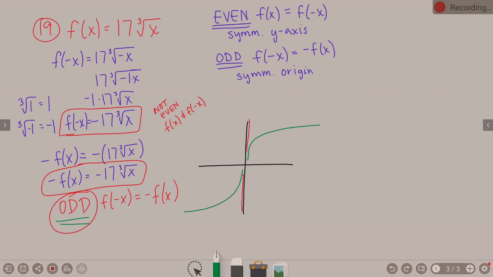Okay? Yes? What's the origin again? The origin? Yeah, 0, 0. The origin being that 0, 0 there. So when we say symmetric across the origin, I kind of think of it as a diagonal symmetry. It is equivalent to two reflections, a reflection across the x and a reflection across the y.